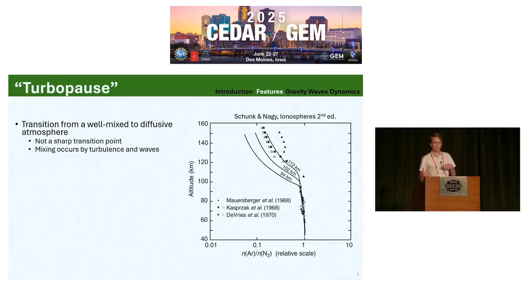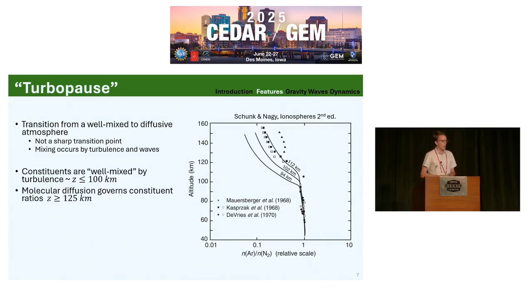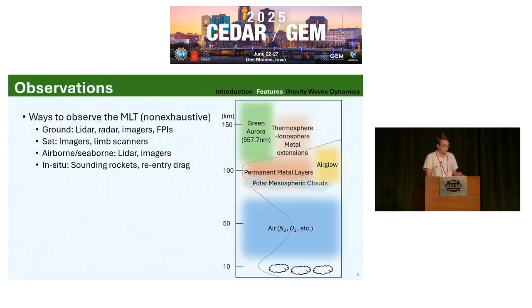It occurs somewhere between 100 and 120 kilometers, where again, below that region, the atmosphere is well mixed, where atmospheric constituents are in a relatively predetermined ratio, and above that, they become diffused. It can be defined by a few different things, like the argon to N2 ratio, and molecular versus diffusive time constants.